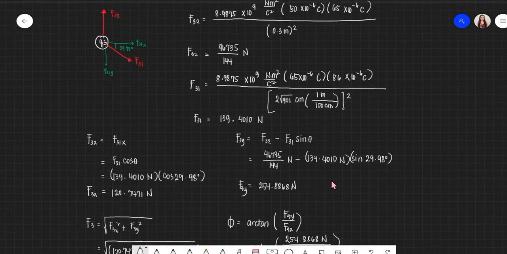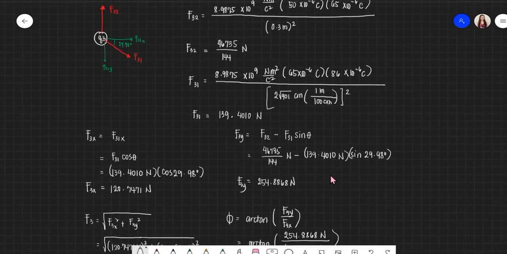So positive Cx and positive Cy, meaning our resultant vector is here. This is F on 3. This is 64.65 degrees. This is the resultant.